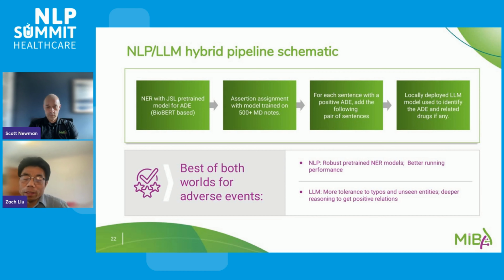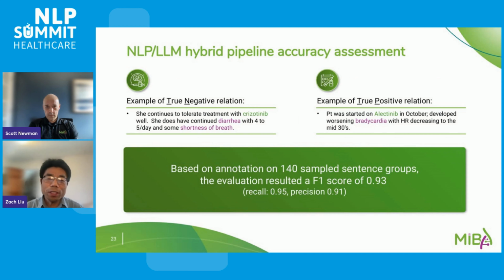It has better reasoning to get the positive relations, because for some relations, the drug is negatively related, basically. I will show 2 examples here. One we call a true negative relation. The other one is a true positive relation. True negative relation means the large language model does not detect this, and the annotator thinks it should not be detected.